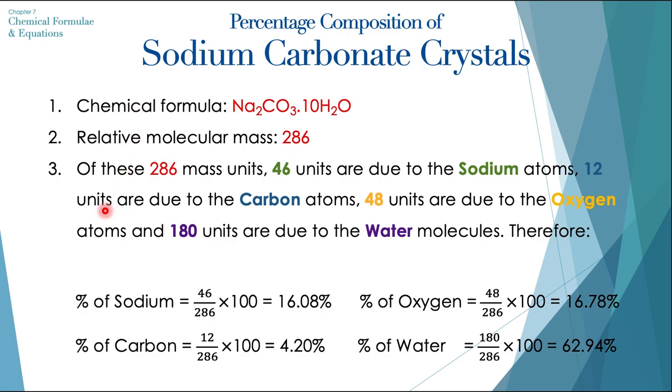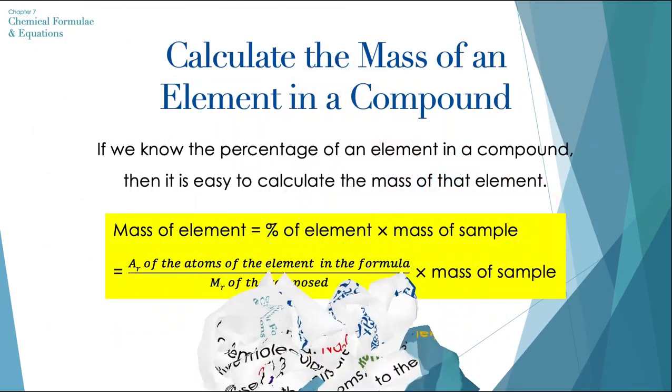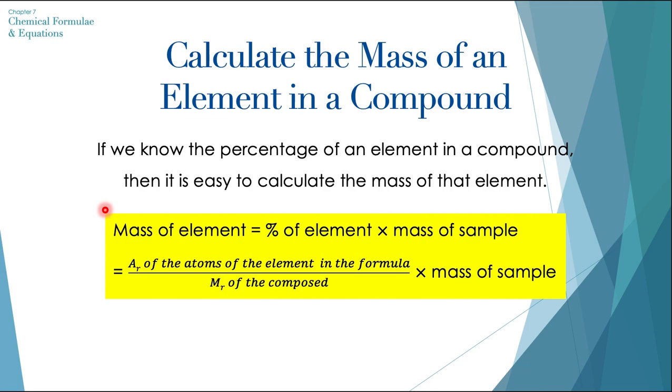Now we're going to move ahead on to calculating the mass of an element in a compound. If we know the percentage of an element in a compound, then it is easy to calculate the mass of that element. So, the mass of an element is equal to the percentage of the element multiplied by the mass of the sample, where the percentage is the atomic mass of the atoms of the element in the formula divided by the molecular mass of the compound.